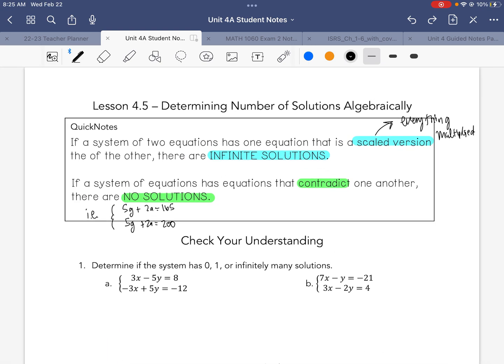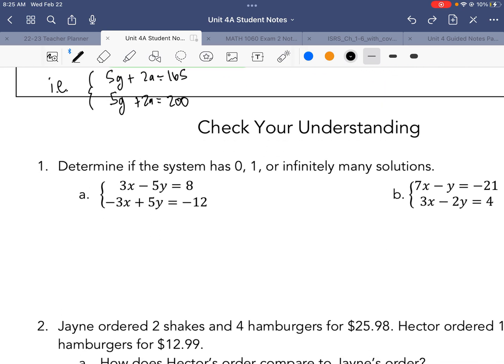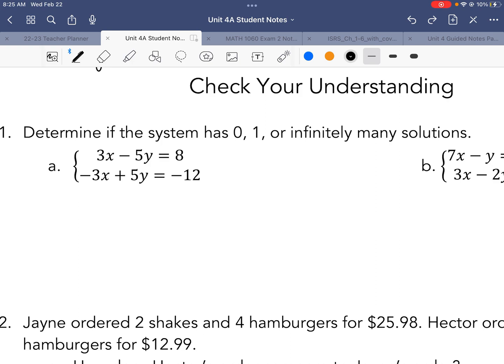So let's go ahead and do some problems with elimination. Now remember, the whole goal with elimination is to try and get to 0. So what do we need to do to get from 3 and -3 to 0? Well, we would have to add those together. So we're going to add across the whole thing. 3x plus a -3x is 0 x's. And -5y plus a +5y is also 0 y's.